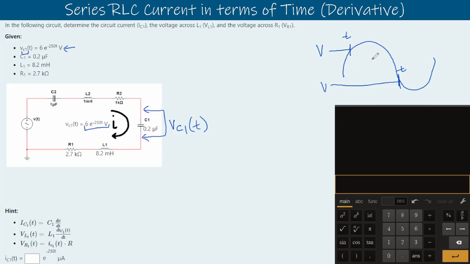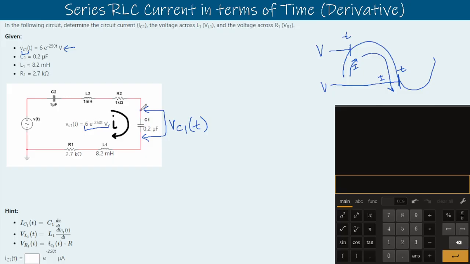We know that if our voltage is on the rise, then our current is also on the rise, and if our voltage is on the fall, then our current is also on the fall. They're going to follow each other, so a higher voltage gives us a higher current. The only other thing to keep in mind is that we're working with a series circuit.